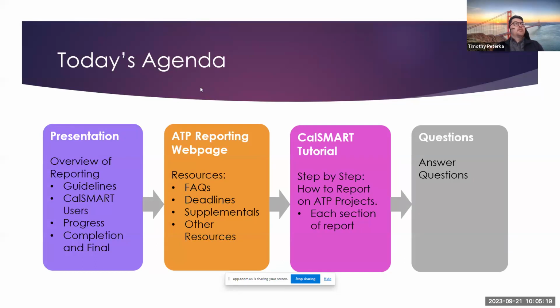It's all there on the reporting webpage. And Dancy will also be taking everybody through a step-by-step tutorial on CalSMART itself to show how to report and fill in the different fields in the different sections of the report. And at the end, we'll have some time to answer your questions that you may have submitted in the chat or that you may think of at the end. So that's what we have on hand for today.